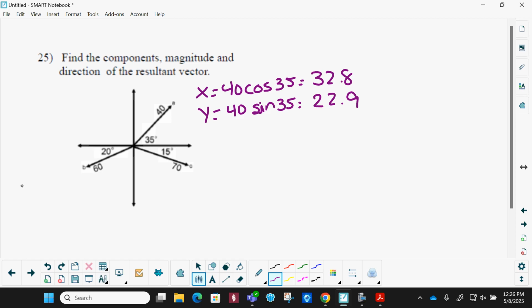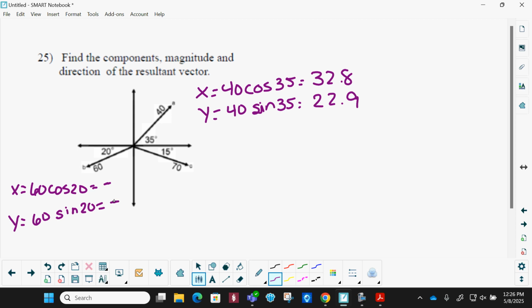Now over here, x equals 60 cosine 20, and y equals 60 sine 20. Okay. We are in quadrant 3, so remember all my values will be negative.